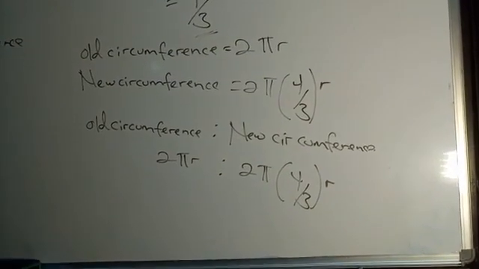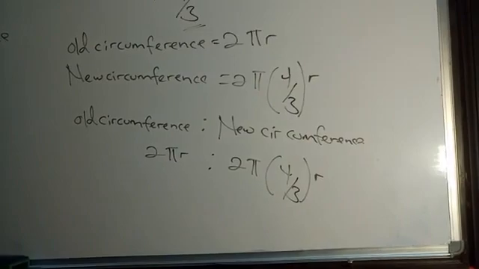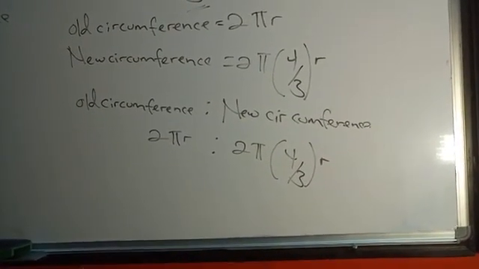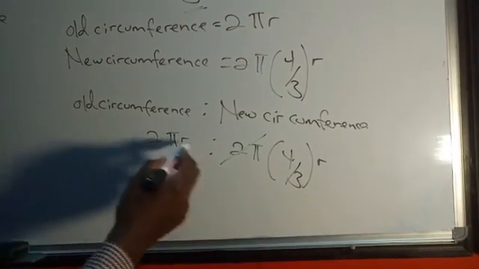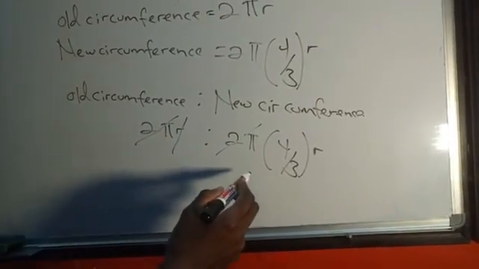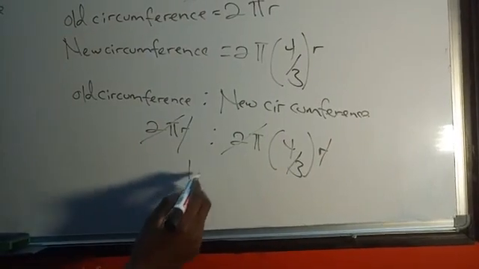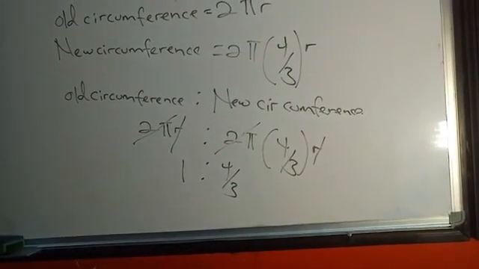By cancelling out the same terms, 2 pi goes with 2 pi, and r goes with r, remaining 1 to 4 over 3.